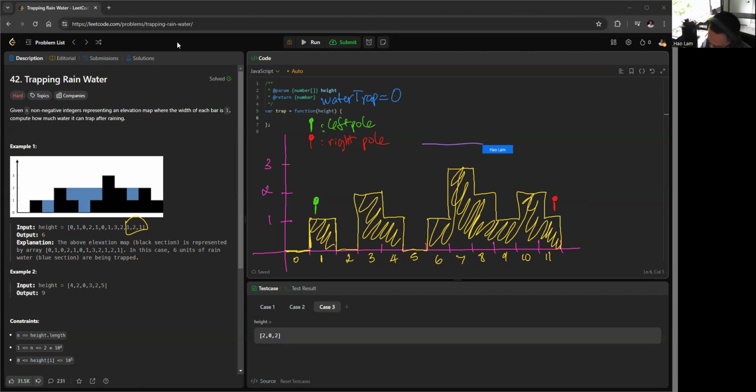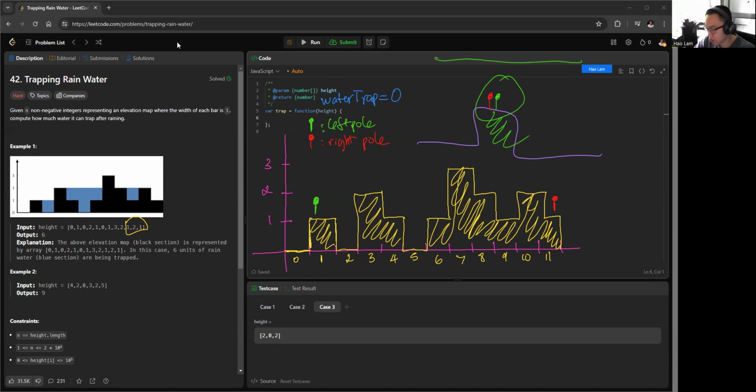If there is only one pole, the left pole and the right pole will eventually meet each other, here and here. If there is only one positive pole, we cannot have water trap, so in this case we can just return 0.